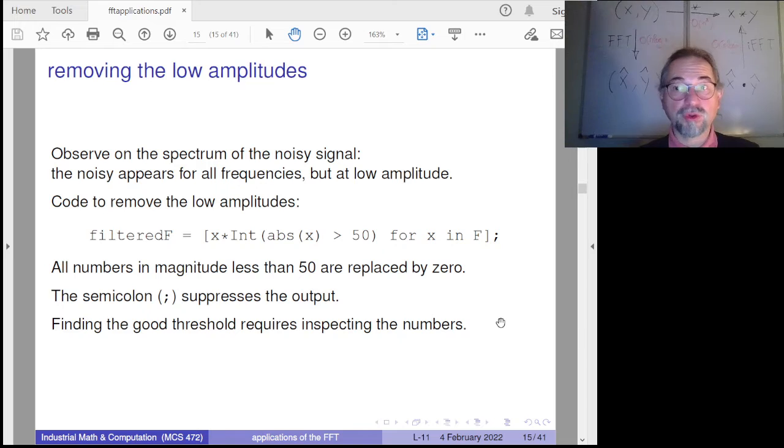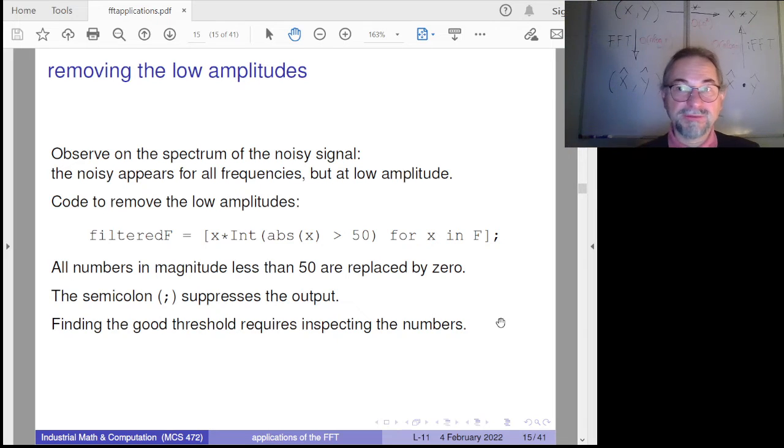The Jupyter notebooks are posted, and you're more than welcome to look at them. You can look at the numbers of the Fourier transform and notice the spikes. And by the well-chosen constant 50, we actually remove all the low amplitudes.